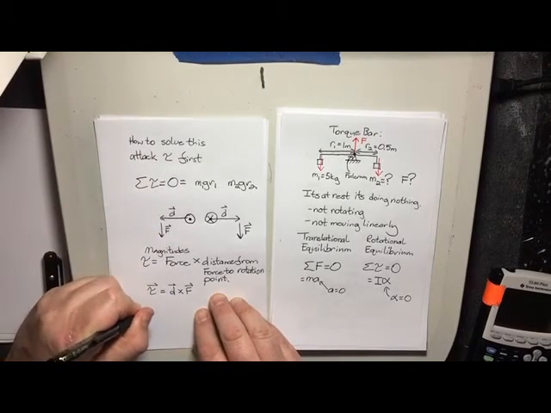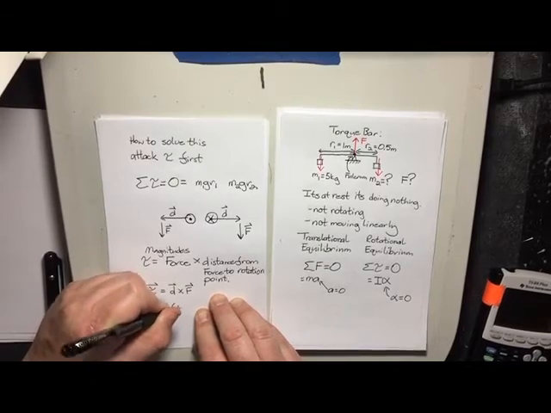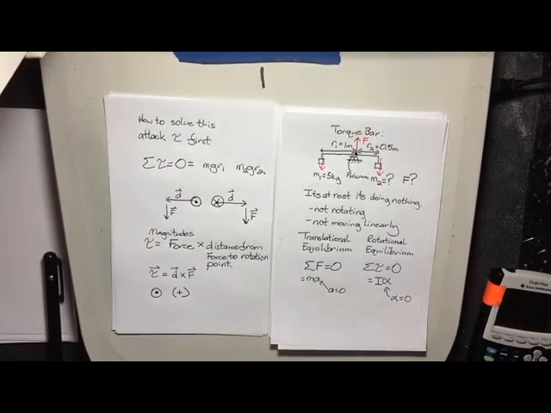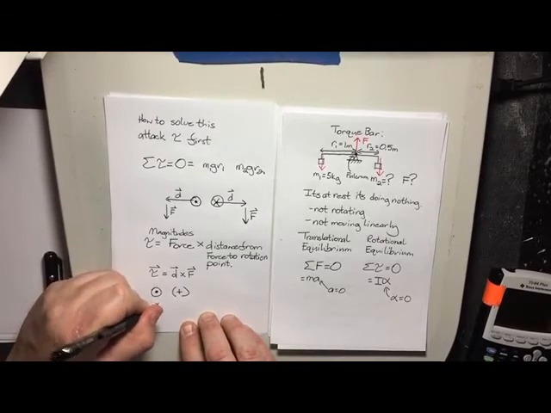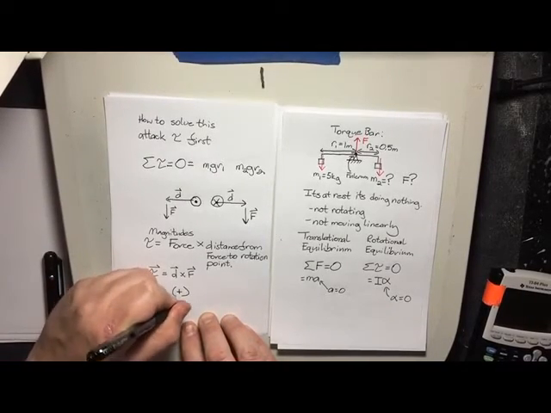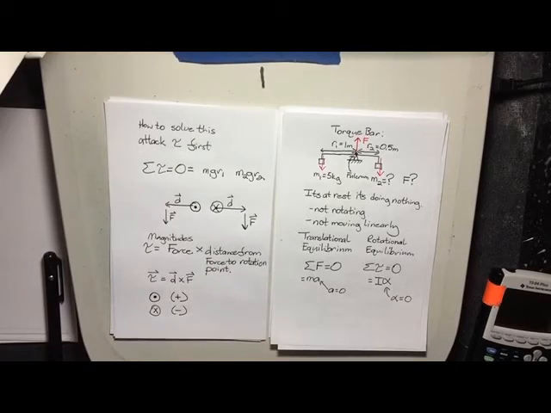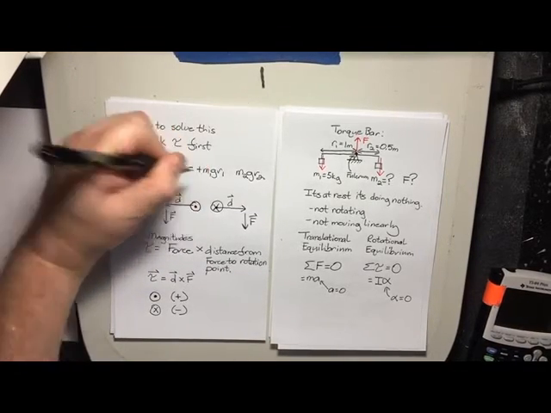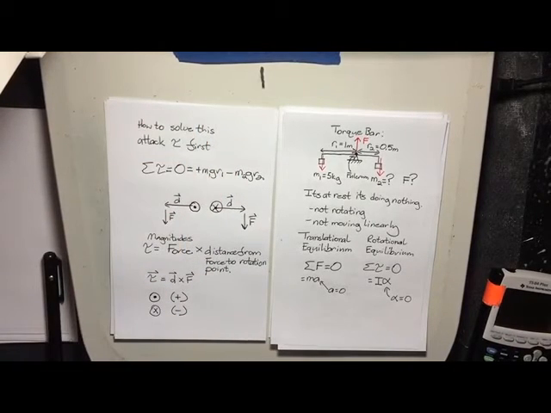When you have a symbol like this, that represents positive. When you have a symbol like this, it represents negative. So our signs are positive and negative.